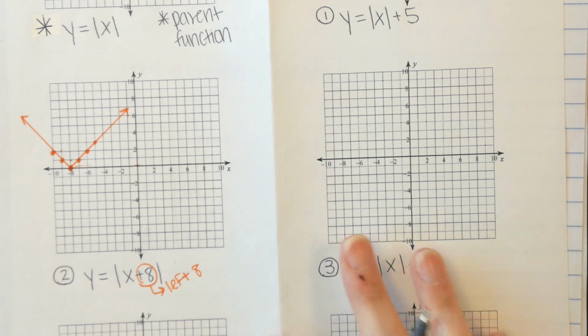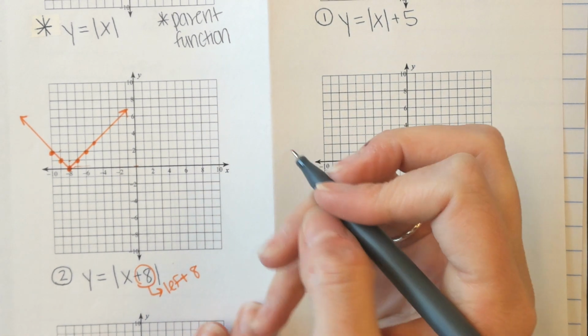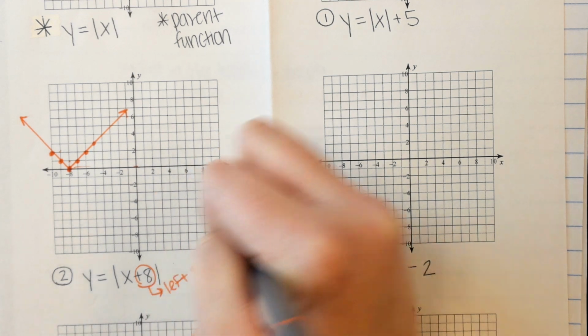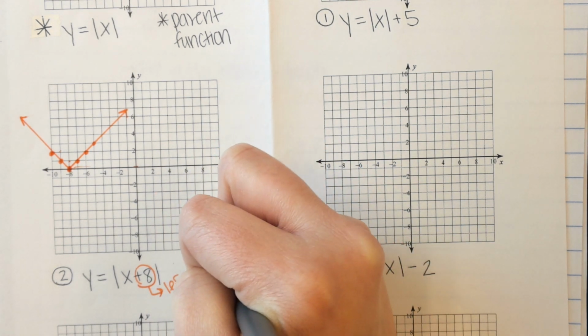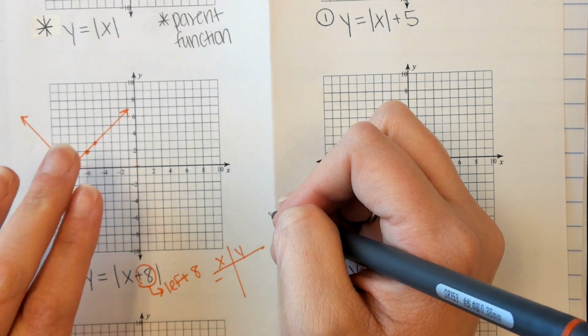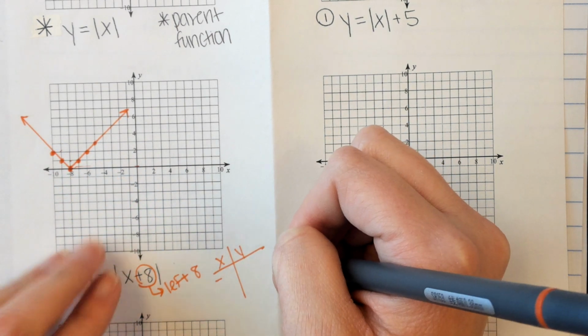Now, you could have made a table of values, and you could do X and Y. On this one, you would have to go way over here to see the V, so you'd have to plug in some different values.